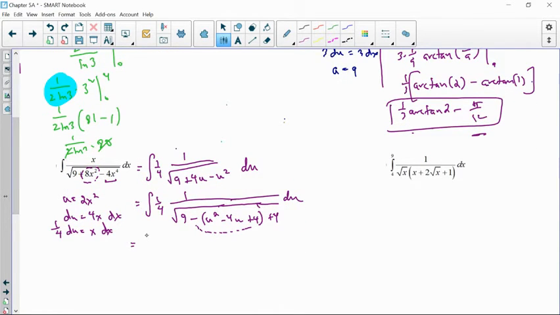So now I have the antiderivative of 1/4, and then it's 1 over the square root of 13 minus u minus 2 squared. So now at least I'm in that characteristic u and a form of inverse sine.